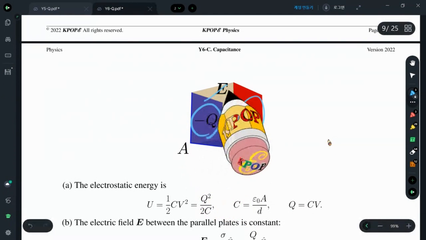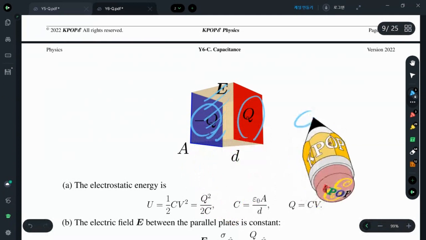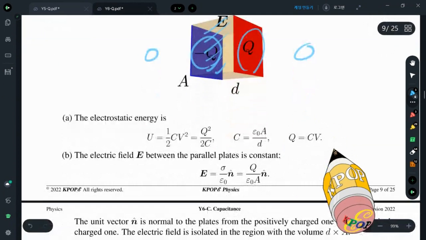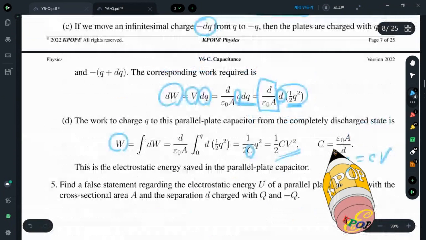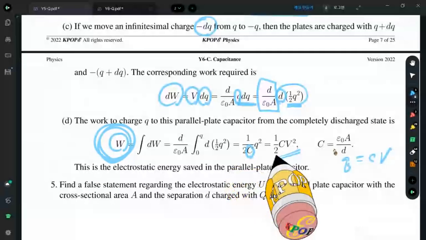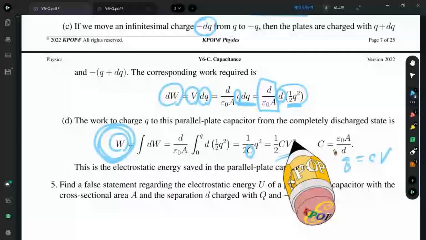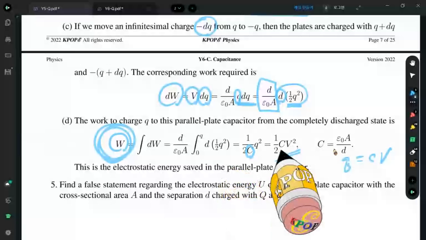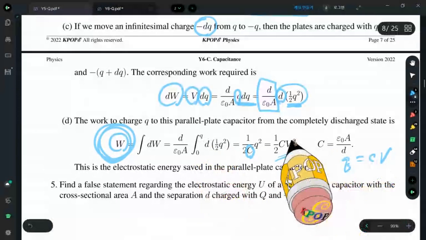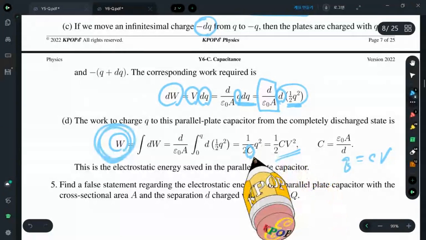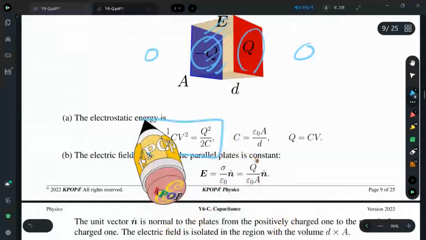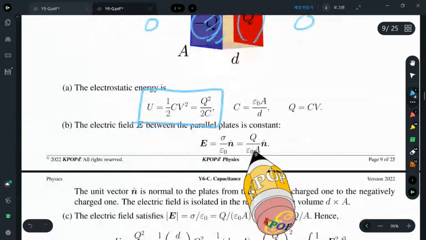The electric field is inside the plates and there is no electric field outside. We remember what we have done? This work to charge the capacitor from a completely discharged state to a charged state of finite Q is 1/2 CV squared, or Q squared over 2C. And this is what we have done.